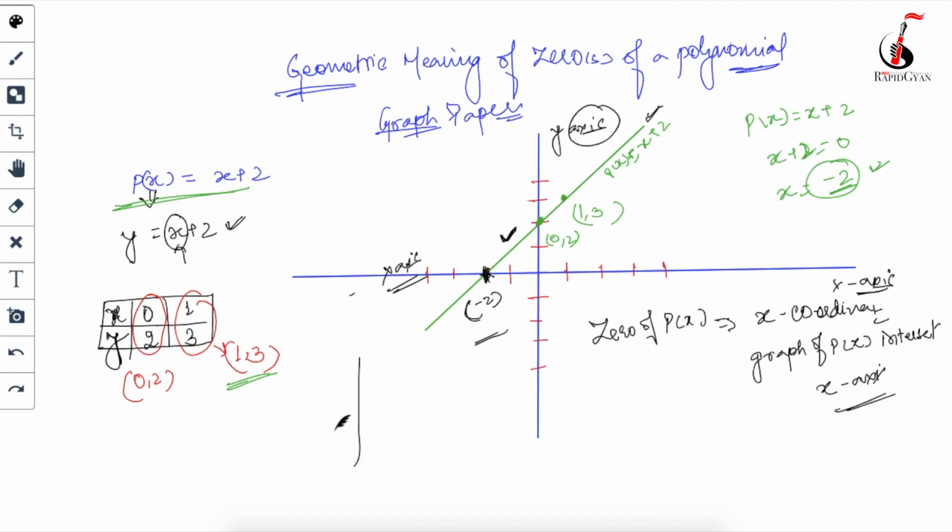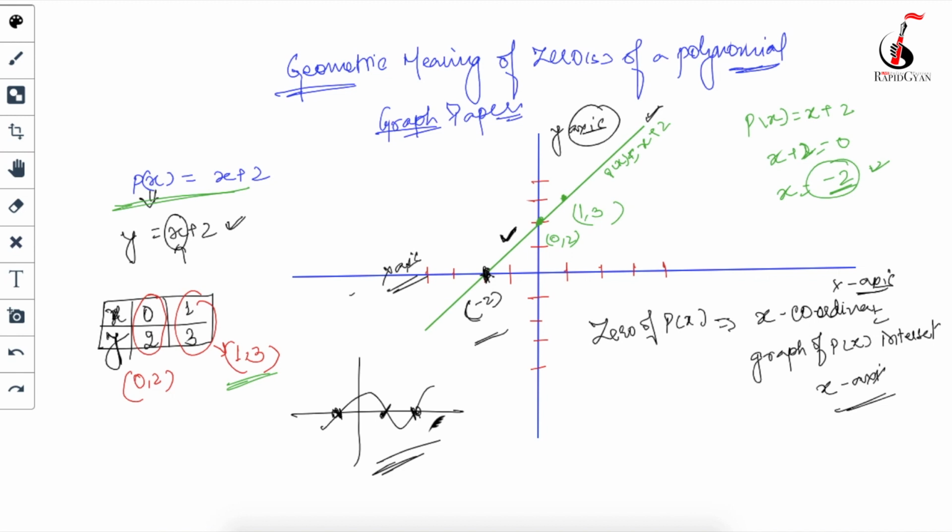Suppose there is some graph like this. How many zeros of the polynomial? In this case there are 1, 2, 3 points at which this graph is intersecting your x-axis. So in this case there will be 3 zeros of the polynomial.